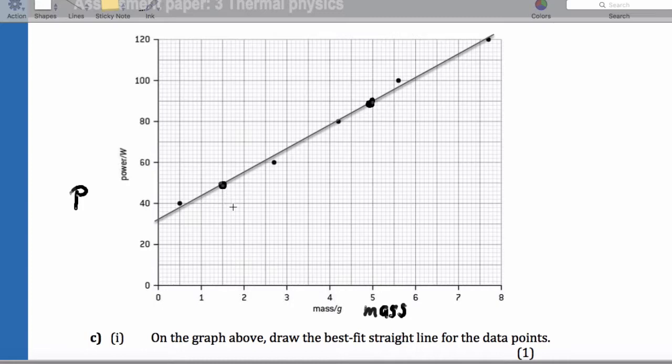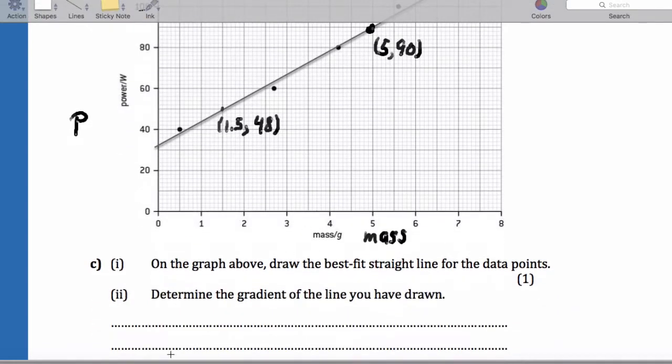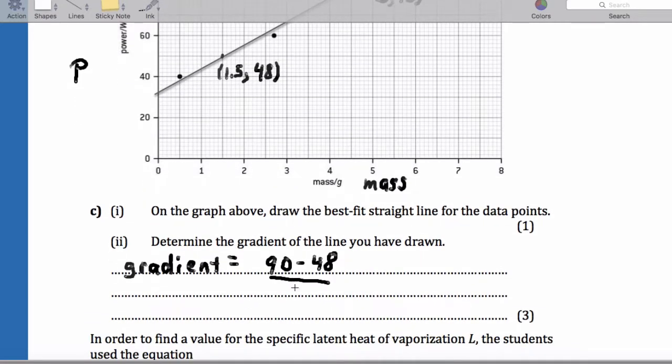So I would say this is about 1.5, comma 48. And this is 5, comma 90. So let's get the gradient, and that gradient is going to equal 90 minus 48 over 5 minus 1.5.